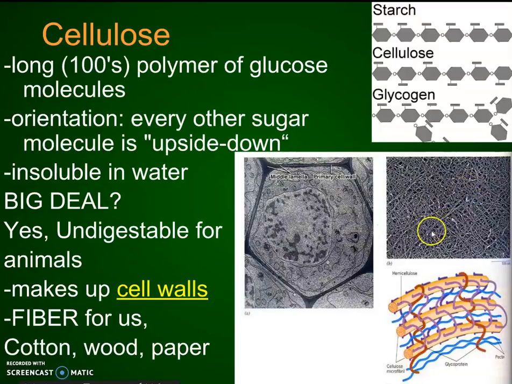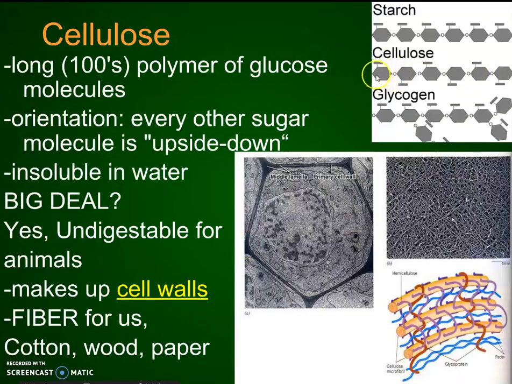And it looks like this in a microscope. It is undigestible for us, so when we eat cellulose, we call it fiber. It runs right through us, and it keeps our intestinal tracts cleaned out. But we do not break this down and get glucose from it.